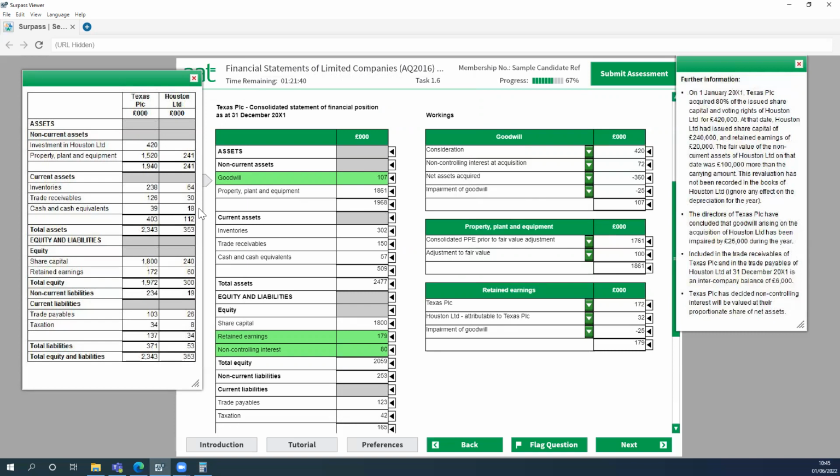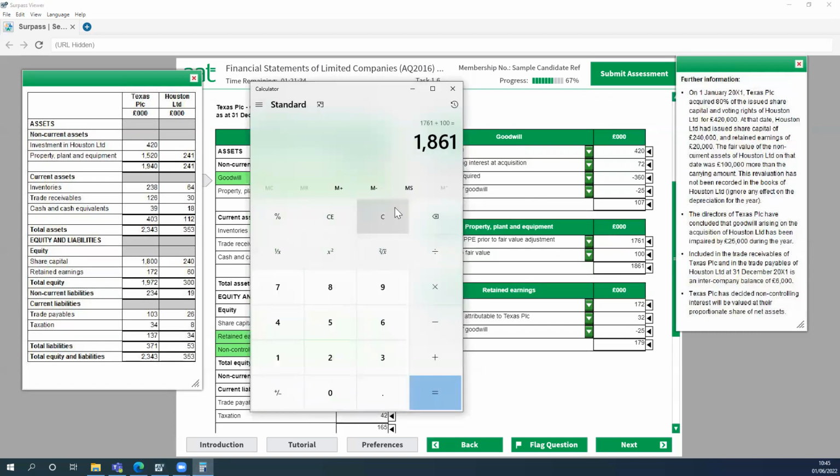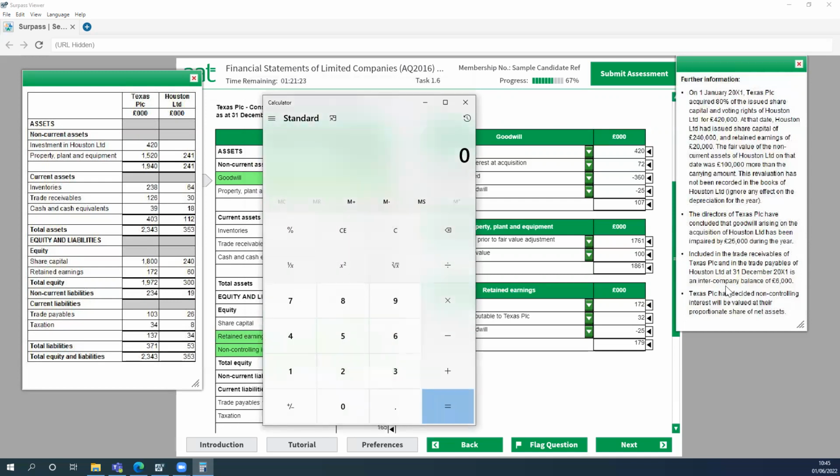Your inventories are 238 plus 64. So you just add them line by line. 238 plus 64 equals 302. Your trade receivables, so remember the note here: trade receivables is 126 plus 30, which is 156.